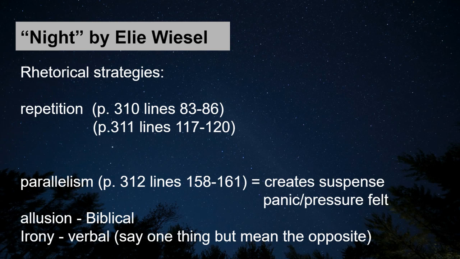The people that are the characters in here are real, actual people from a real event. He uses a biblical allusion because these are Jewish people that believed in an Old Testament God. He uses irony, which we've talked about earlier. He uses verbal irony specifically to say one thing but really mean the opposite. So we're going to dig into that in just a minute.